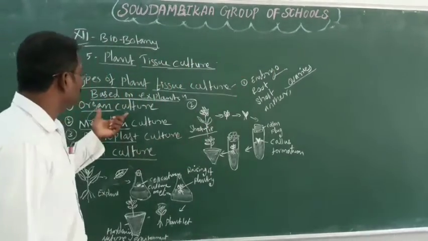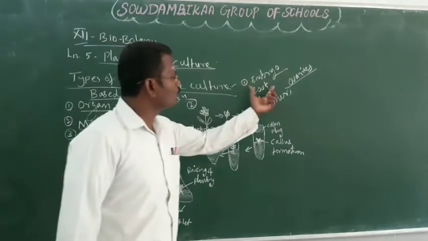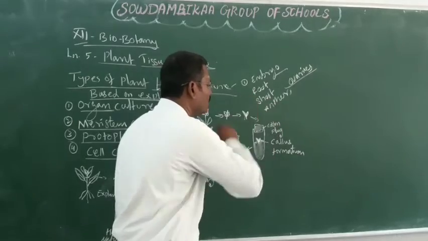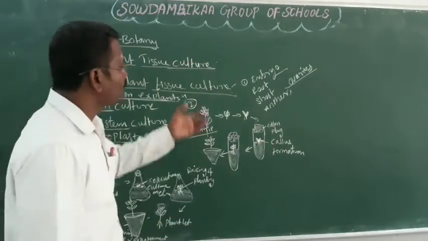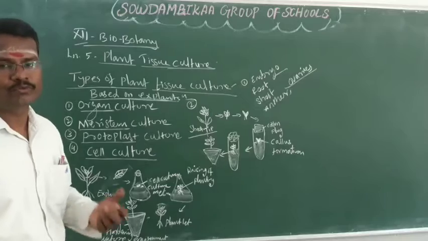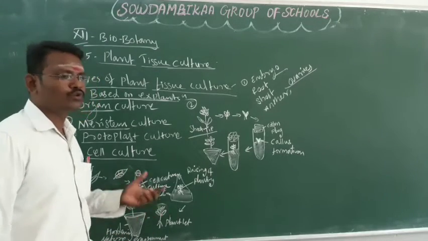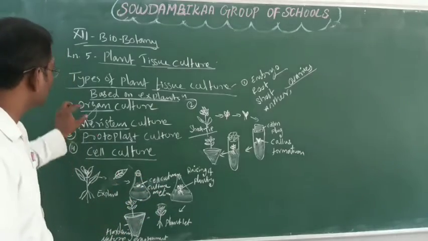For example, in organ culture: the embryo, root, shoot, anther and ovaries. These are organs of the plant. We can use them for culture with culture media or culture technique, and we can produce a new plant. That is organ culture.